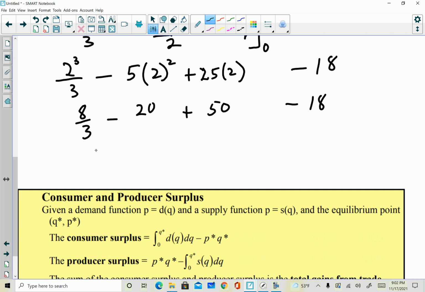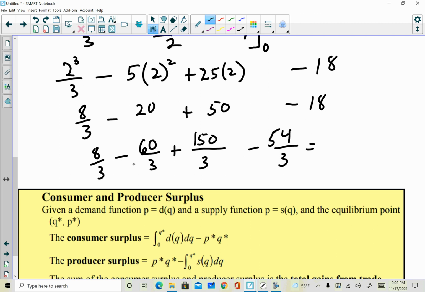Let's make everything over 3. 8 over 3 minus 20 is the same as 60 over 3. 50 is the same as 150 over 3. And 18 times 3, so 18 is the same as 54 over 3.